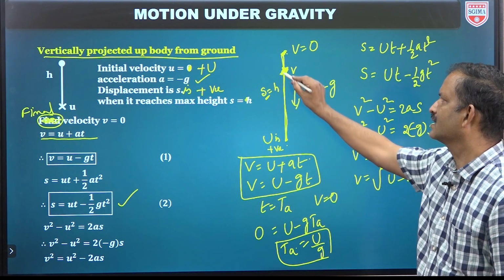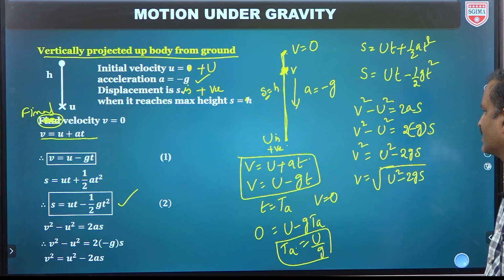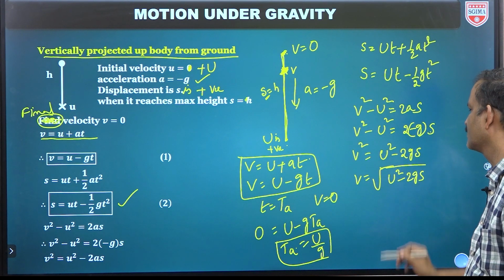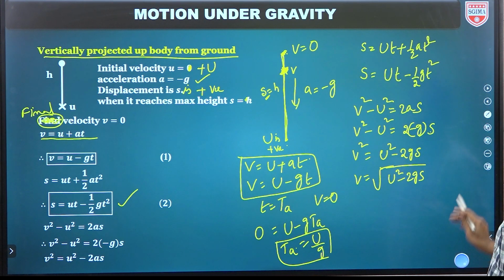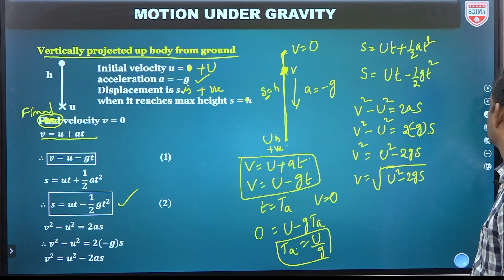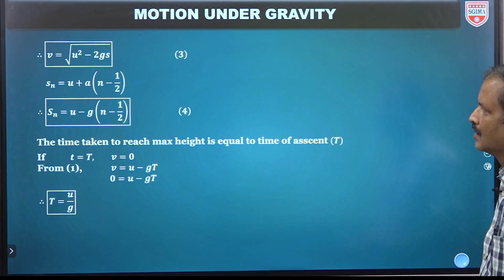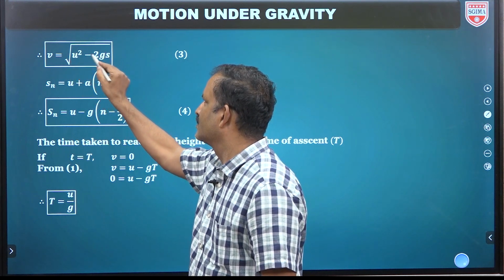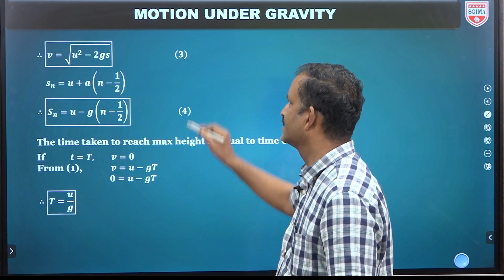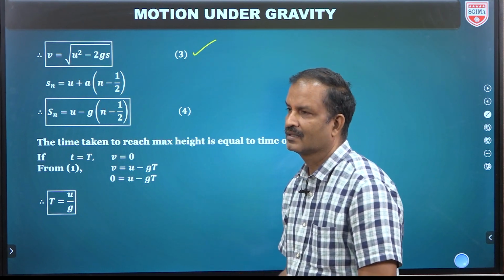It is at some distance above the ground. v is equal to root of u square minus 2gs. This is third equation completed.